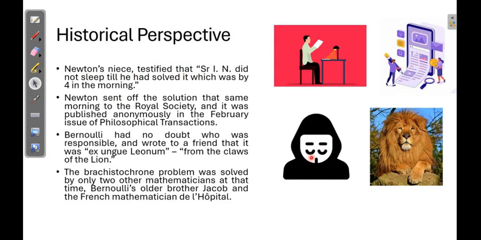However, when Bernoulli saw the solution, he had no doubt that it was the work of Newton, and he said that from the claw of the lion, we are able to identify that this is the work of Isaac Newton. The problem was also solved by two other mathematicians, Bernoulli's older brother and the French mathematician L'Hopital.